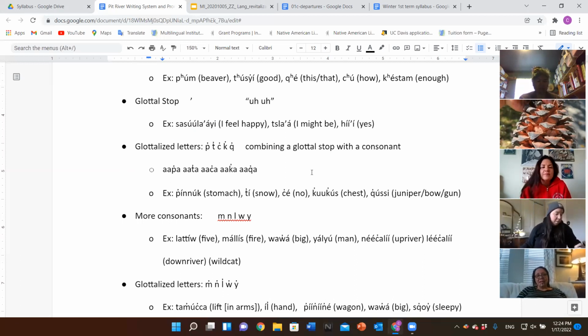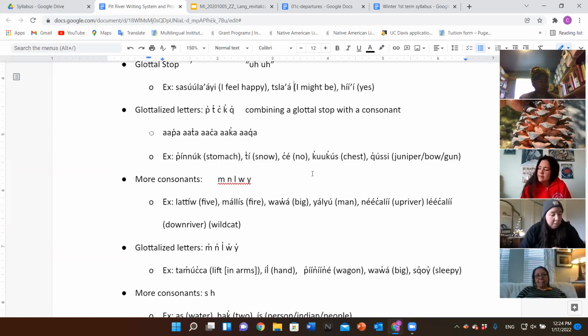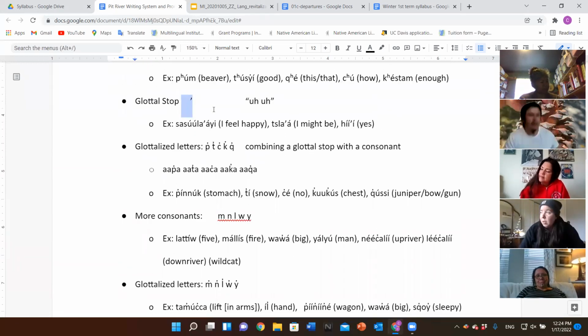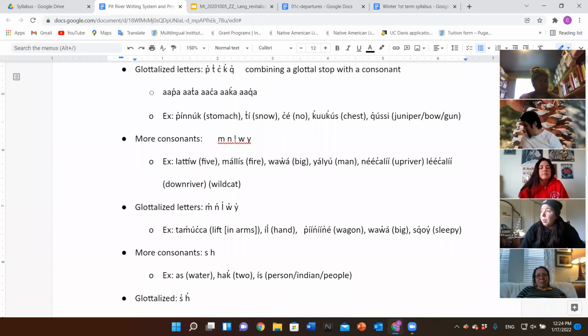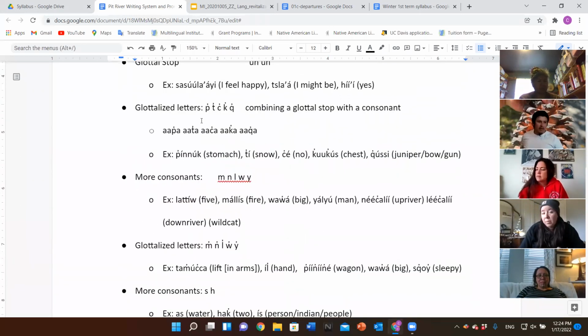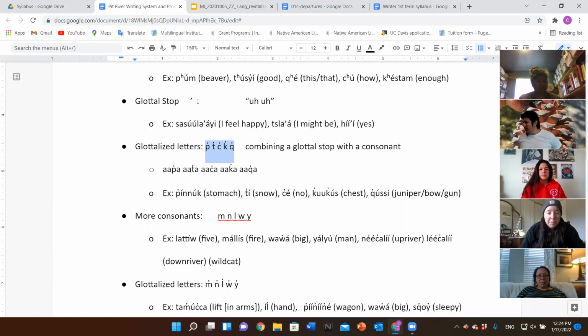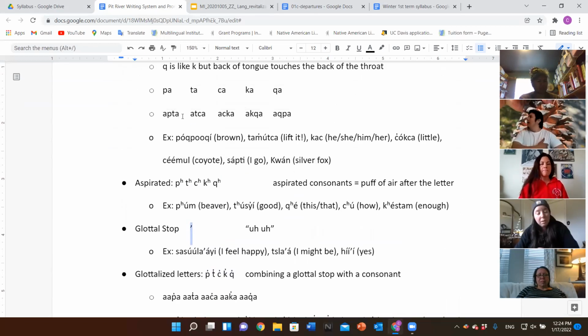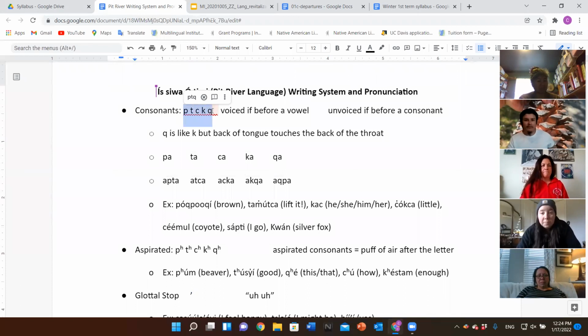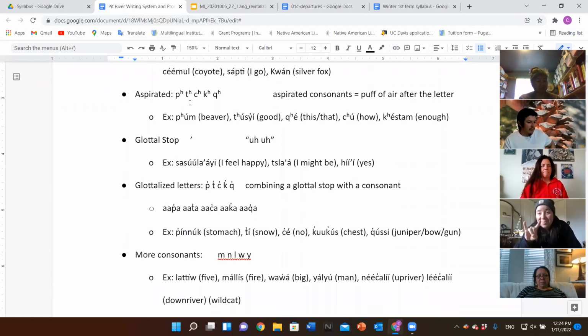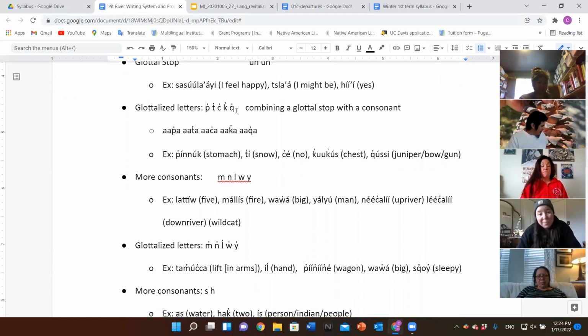All right, cool. So this is important because now we have letters here, combining a glottal stop with letters. So these are glottalized letters.